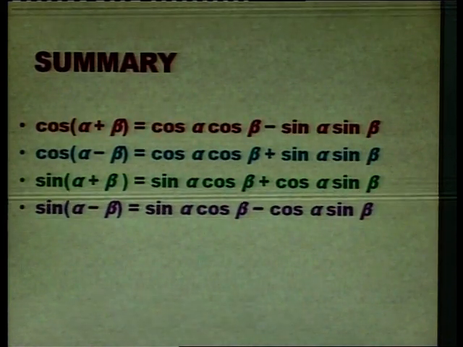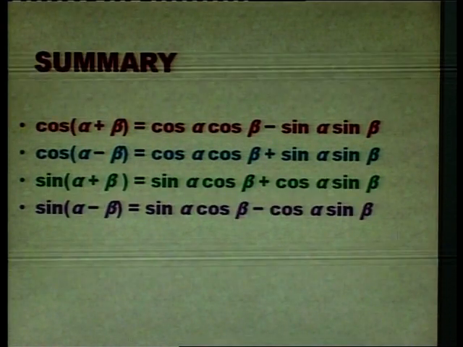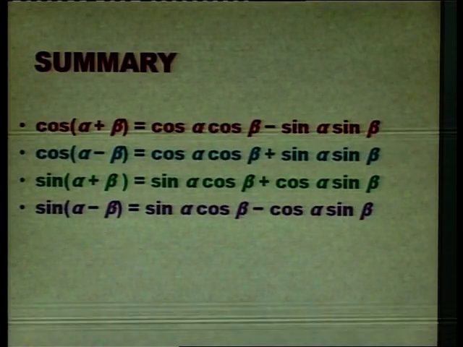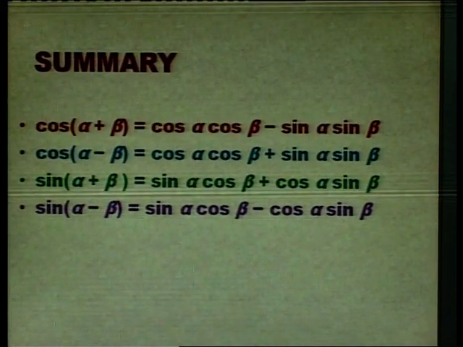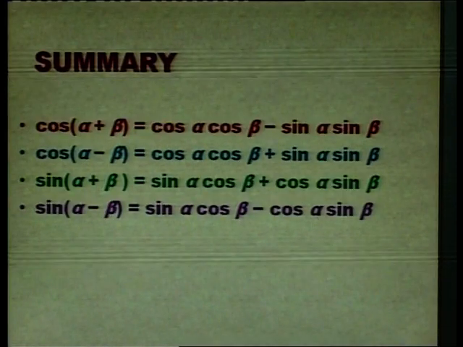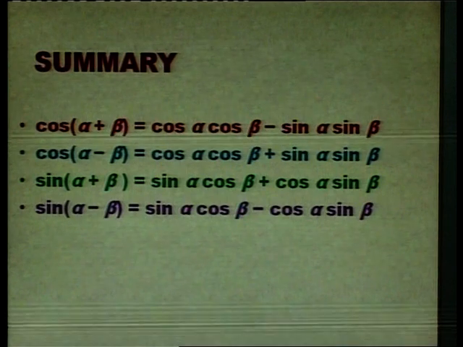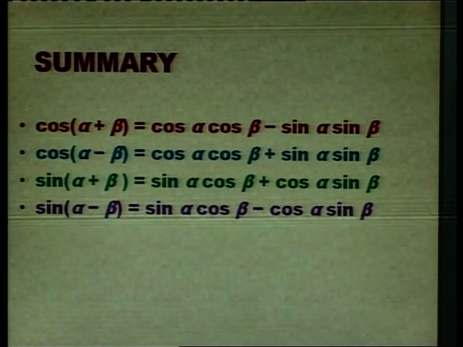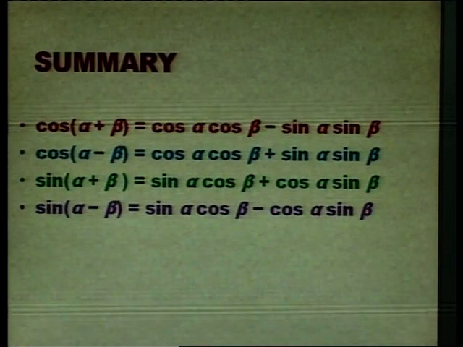So, these are the four formulas I have discussed so far, that is cos of alpha plus beta is cos alpha cos beta minus sin alpha sin beta. Observe plus is on the left hand side, minus is here, and things are like cos cos sin sin. In the second formula, minus is on the left hand side, while on the right hand side it is plus, and the nature is the same, cos cos sin sin.